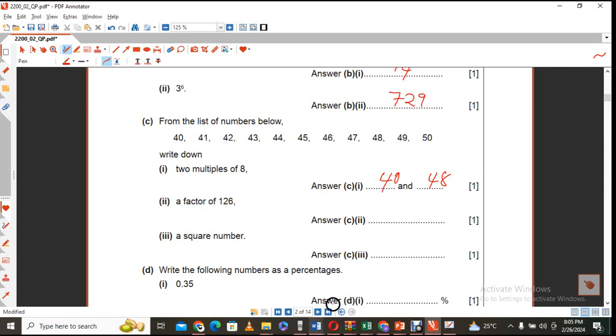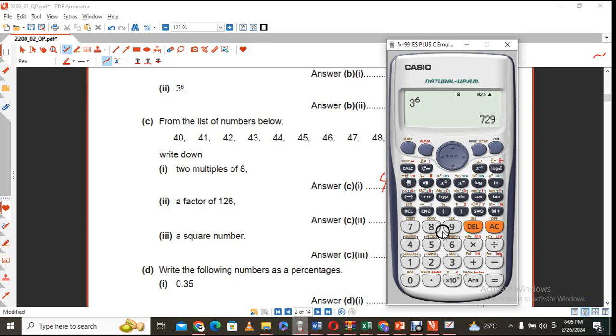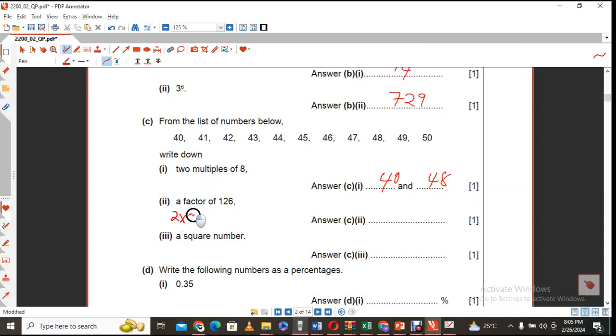A factor of 126. Now, here's the thing that I perhaps have to say. If I say to you, let's say 126, and I write it as a product of its prime factors, I have 2 times 3 squared times 7. I can see a 9 times 2, which is 18. I can see a 9 times 7, which is 63.